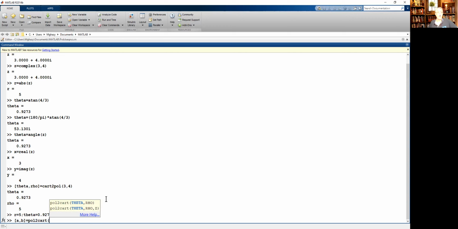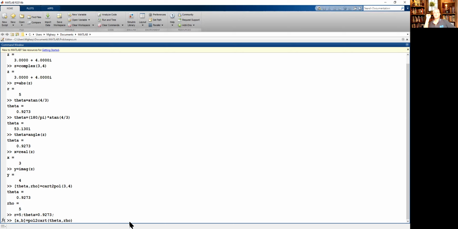I already know the magnitude rho, which is equal to 5. Oh no, I'm sorry. Theta should be first, not rho. So theta. Why am I writing theta here? Because you have theta already. You can write the value of theta or just theta because I stored it in theta, comma. And then you have rho, which is equal to 5. You can put 5 or rho. So here I put rho, and you close the bracket.